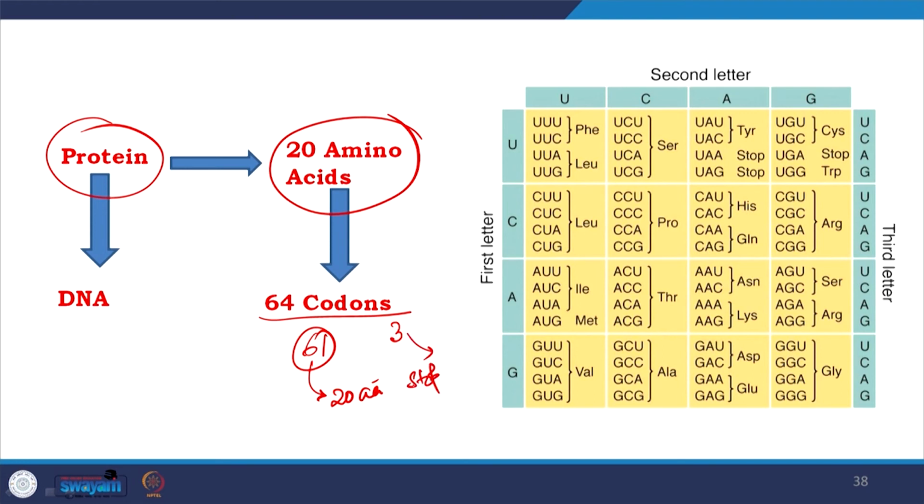This is the codon library where you see the relation between the amino acids and the nucleosides, including stop and histidine.